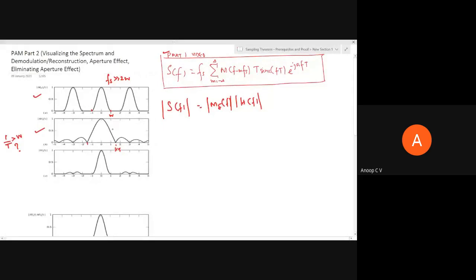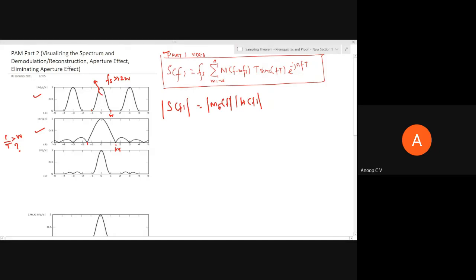Fs is the sampling frequency, taken well above twice the maximum frequency content of message. So there will be spectral nulls between replicas of m of f. And this is fs into m of f, but that amplitude again they have normalized with some value. But this gives us the idea.